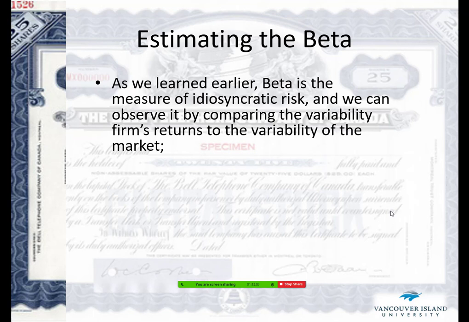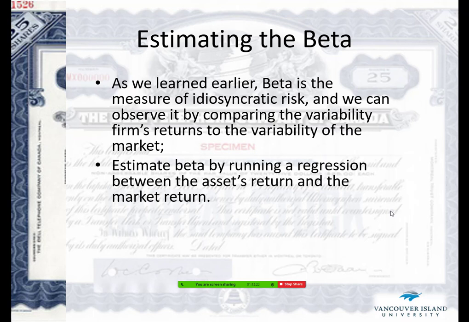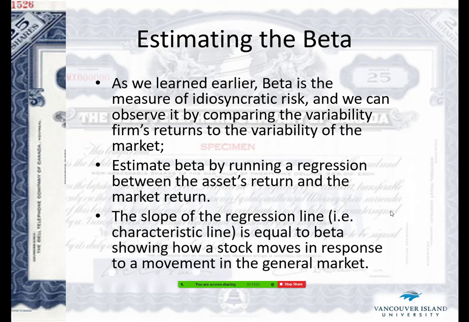And we can understand it by comparing it to the variability of the company's returns relative to a relevant index, like the Standard & Poor's Index or the Russell Index or the Toronto Stock Exchange's S&P TSX Index. So we can calculate that by doing a regression. If we run a regression, we can essentially see what the slope or the characteristic line for that particular company is going to be, and that'll give us an idea of what the beta should be.